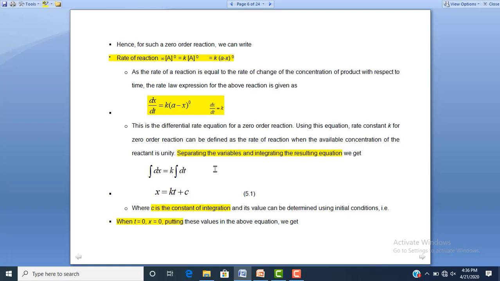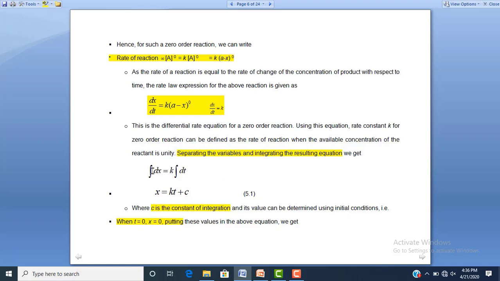If we separate the variables and integrate the resulting equation, this is the sign of integration, a distorted S. So the integral of dx will be equal to k times the integral of dt.